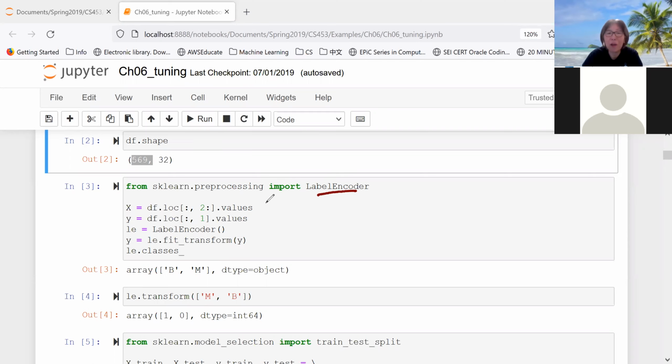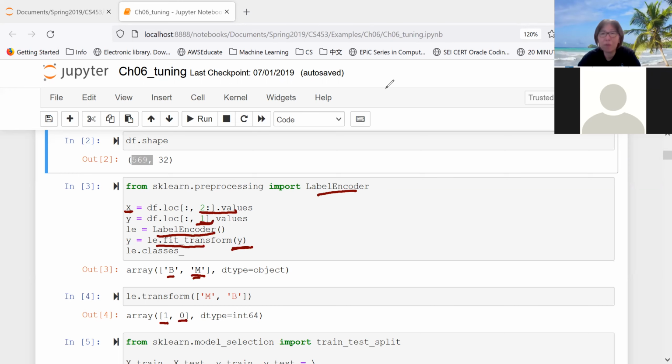The features we take from the third column onward, and the target is the second column. For the label encoder, we apply fit transform on the target value, so it transforms benign and malignant to 1 and 0.